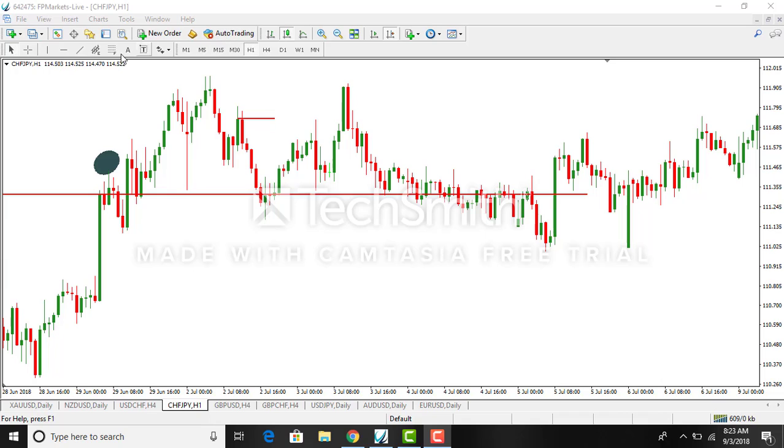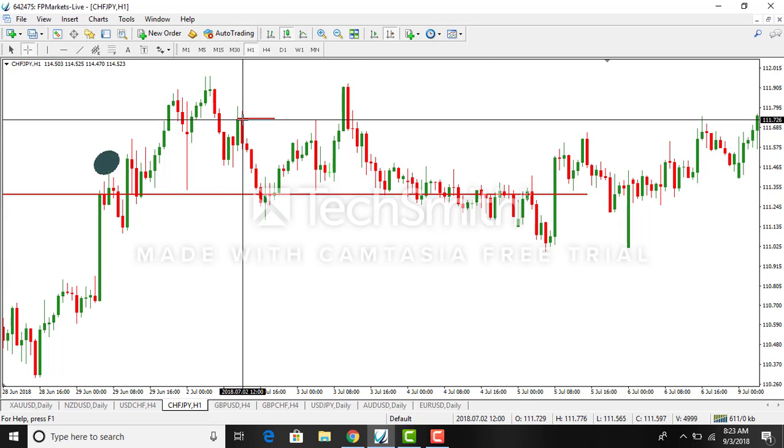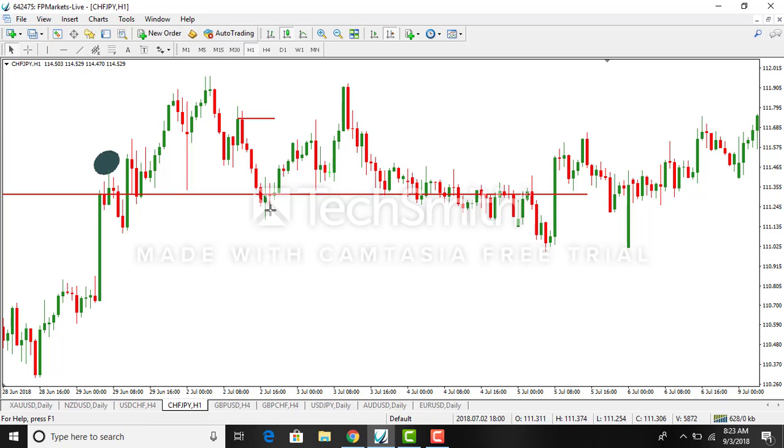So the first step that we'll go with is, if you see the red line, that's where I originally entered, and as you can see, price went roughly 56 pips, but we can say 50 pips to be certain. So with price moving down 50 pips, having 3 positions open, that gives about 150 pips in profit before price reversed and stopped me out.